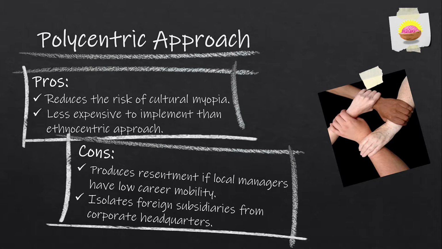It reduces that risk of cultural myopia that I talked about. It does allow for the culture, the corporate culture, to evolve and change. And it's also less expensive. You don't have to send people out from the US to Malaysia in this particular example. You can go ahead and manage things from back in the US, so it's less expensive.